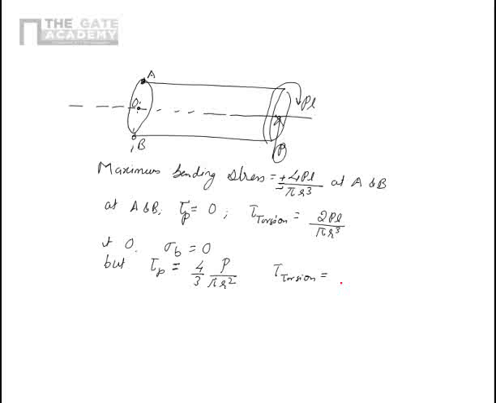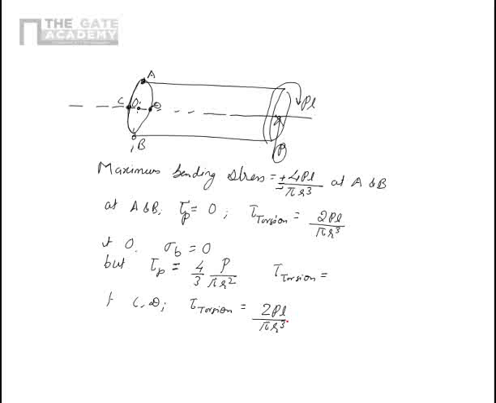I mean, the value of radius is 0. Now you see, I can take 2 points here also, C and D. These points are at the same horizontal level as O, but at the diametral ends. At C and D, tau torsion will be equal to 2PL upon pi R cube.